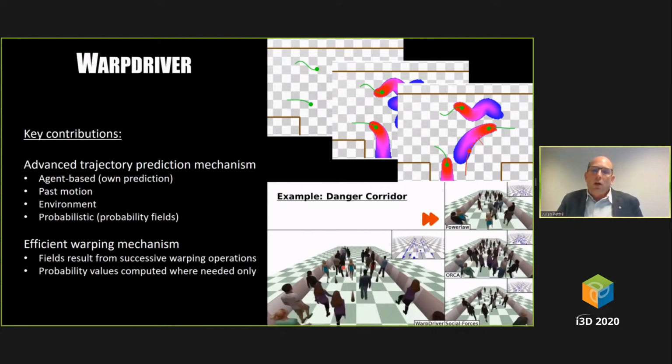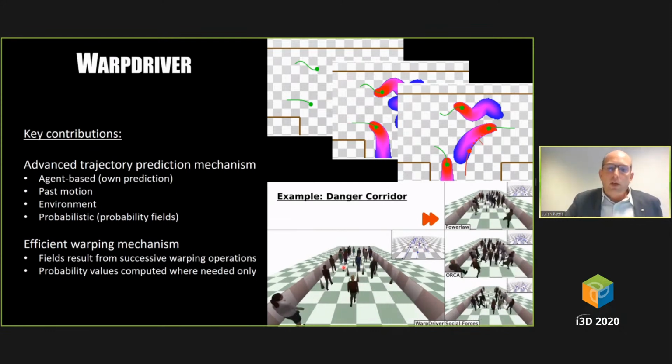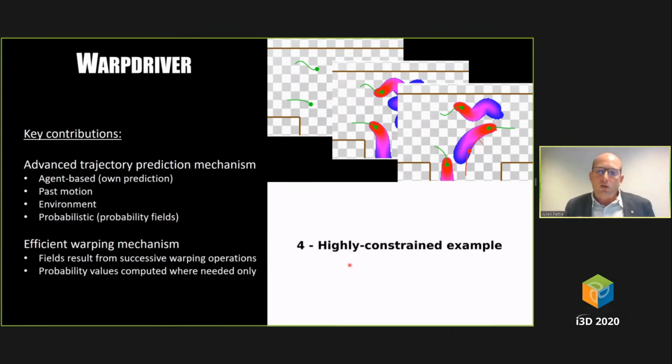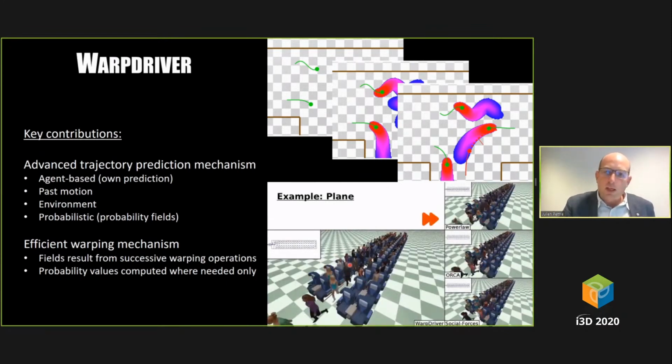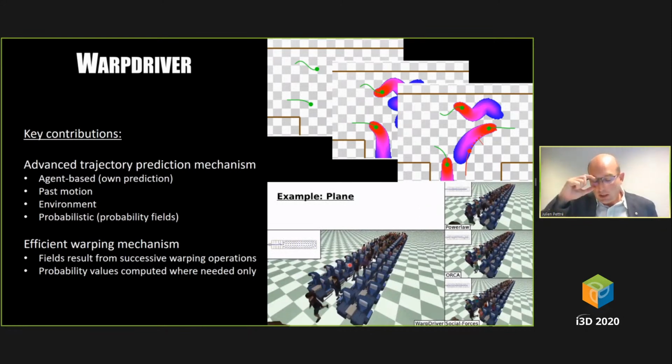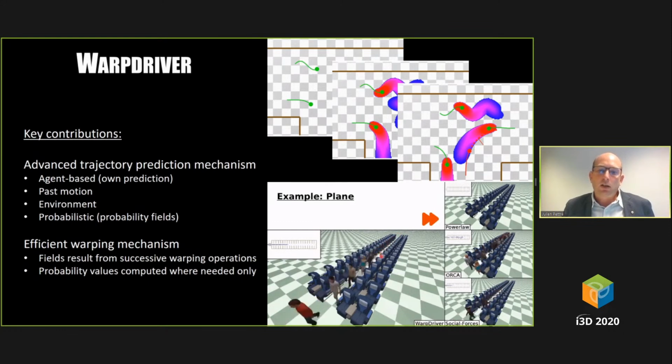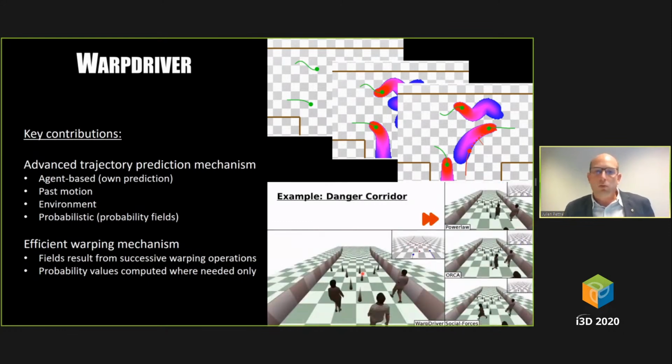You can also see WorldDriver here operating in a constrained example with a complex geometry, simulating the disembarking of an airplane. The prediction each agent makes of others' motion is accurate enough that this disembarking looks quite realistic compared to other approaches.